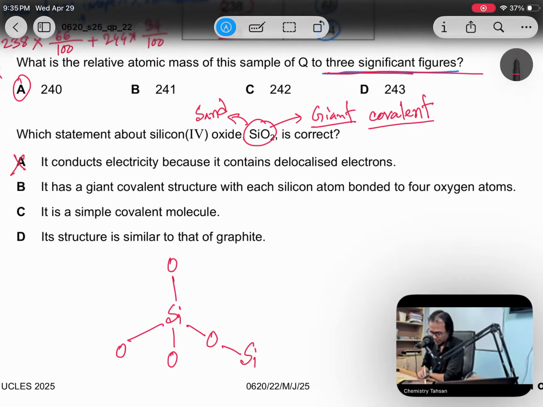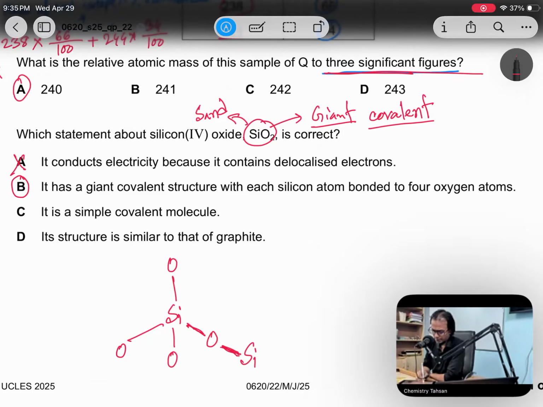This is absolutely correct. Because in the center, you have 1 silicon. In between, oxygen is connected with 2 silicon, and 1 silicon is connected with 4 oxygen. That's how this structure is made, basically.